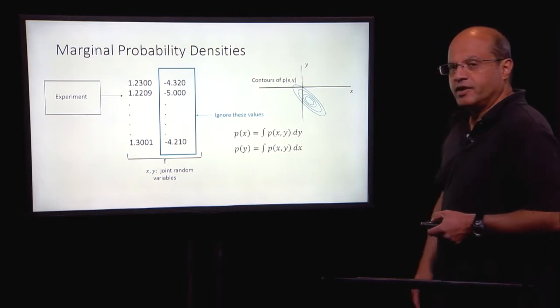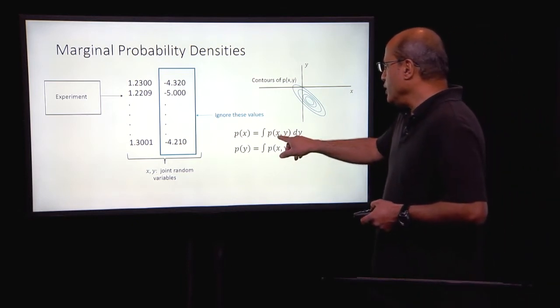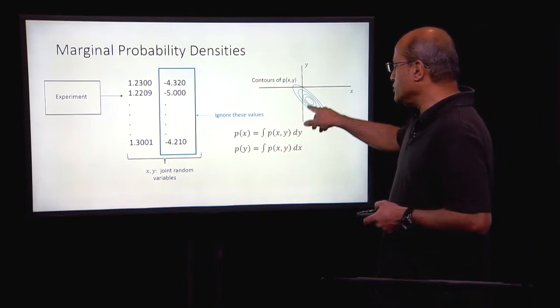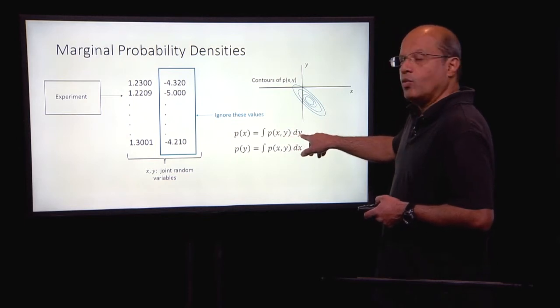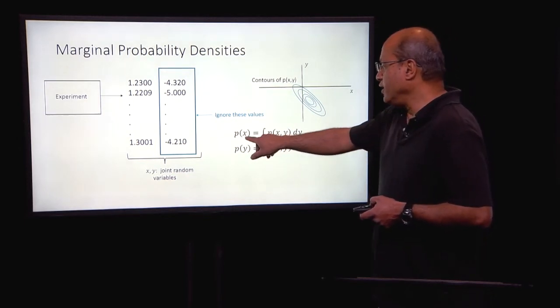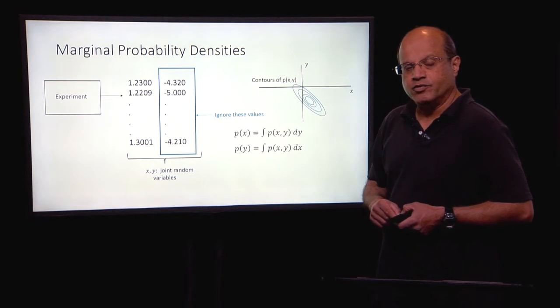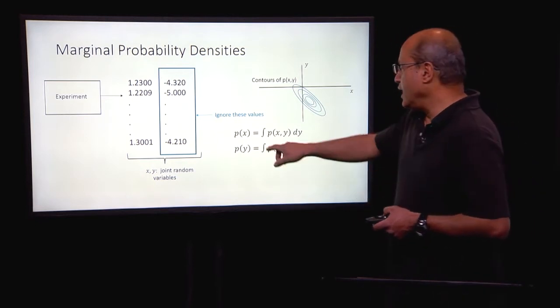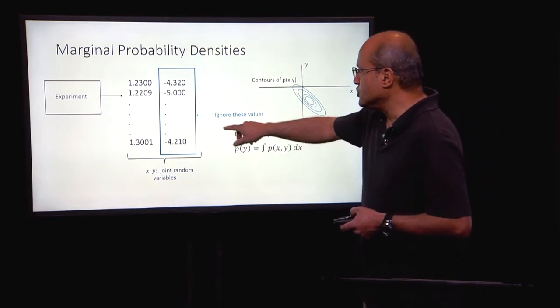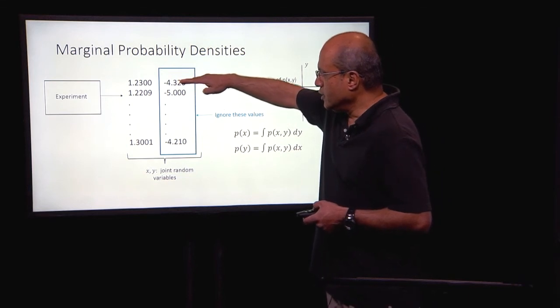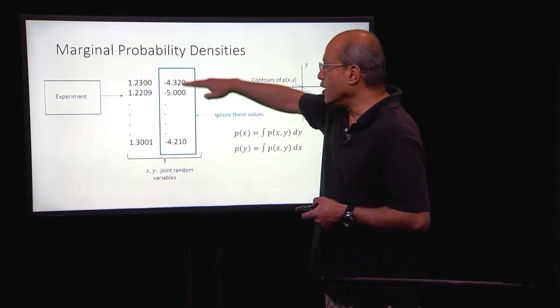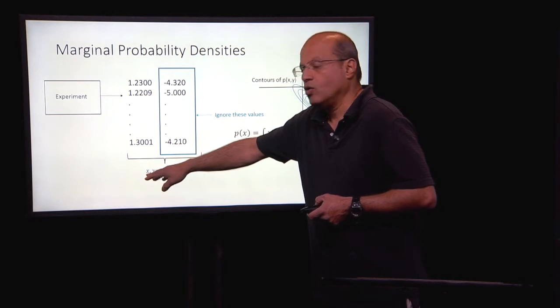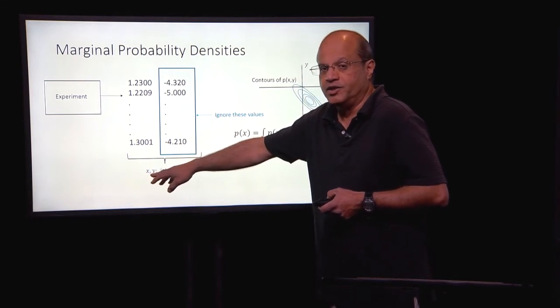It turns out the relation is quite simple. If you take the joint density pxy and simply integrate out the y variable, what's left turns out to be the probability density function of just x by itself. And this is what amounts to saying I'm going to take these joint values, but then completely ignore y and just concentrate on the probability density of x.